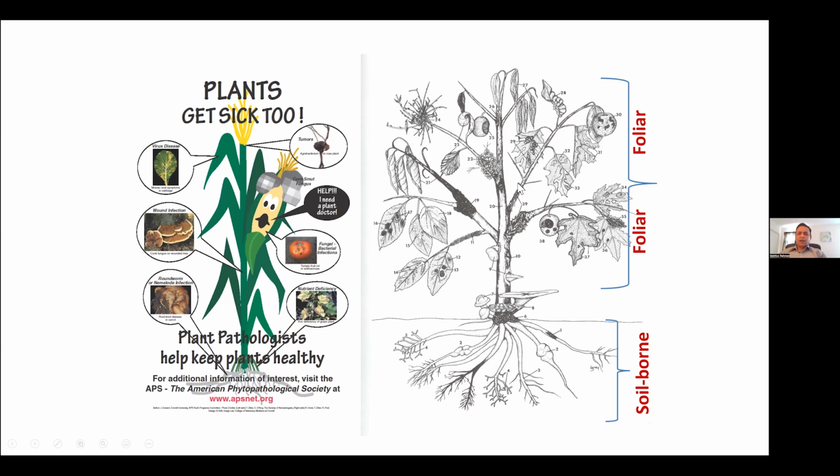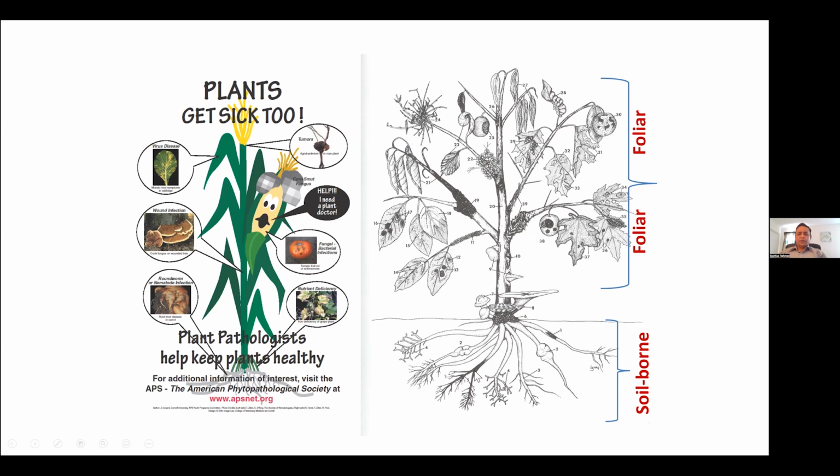And on the above ground part, we call them foliar diseases. So if you have harmful microbes in the soil, I'm not saying all the microbes in the soil are harmful, but there are some microbes in the soil that can cause problems on plants.